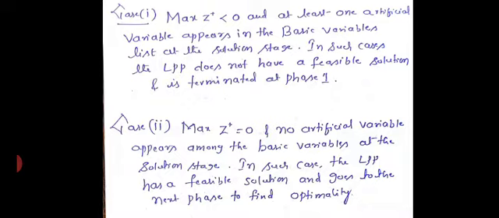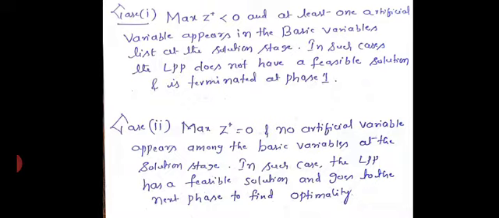It means that even though my z equation contains all positive values, if at least one artificial variable appears in the basic variable column, then my LPP solution is infeasible. Nothing but it doesn't have a feasible solution, and phase 1 is terminated.